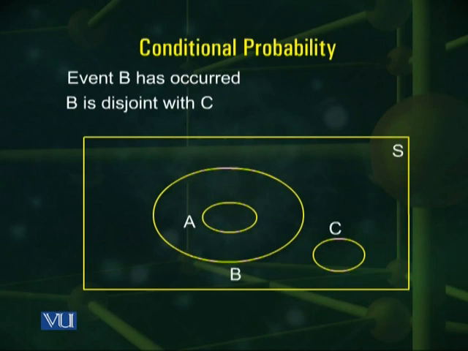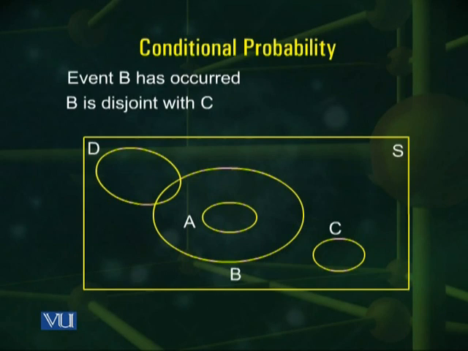Lastly, let's look at event D. It is not a subset of B. It has some overlap with B. So what will be the probability of D given that B has occurred? It will be the sum of probabilities of all the outcomes which are in the intersection of D and B, the joint probability of B and D. But how do you find it?